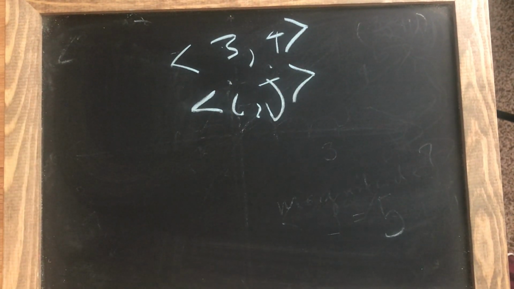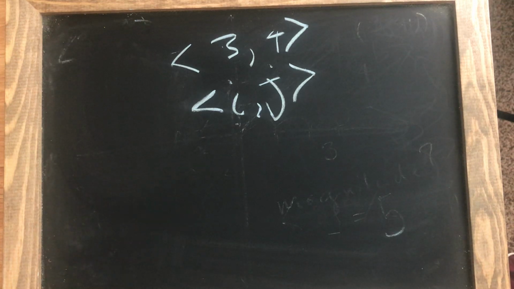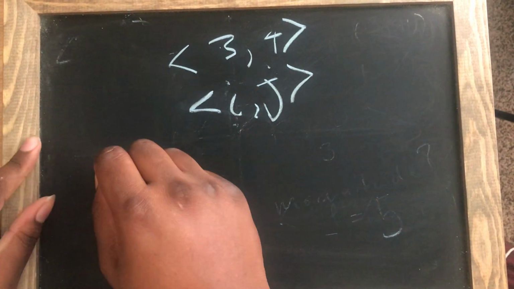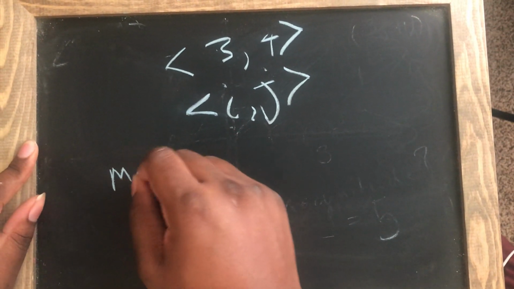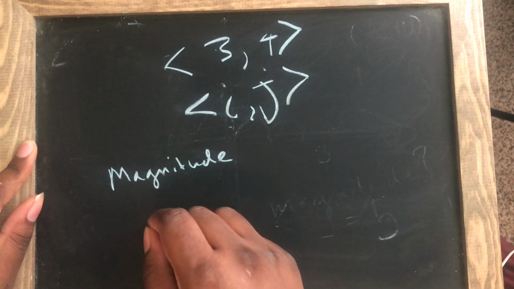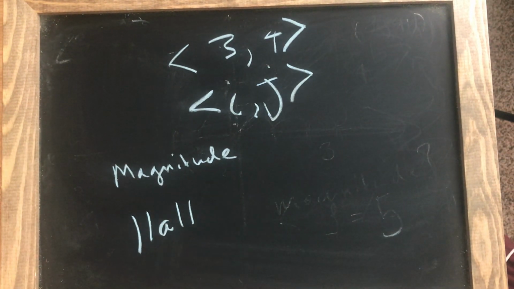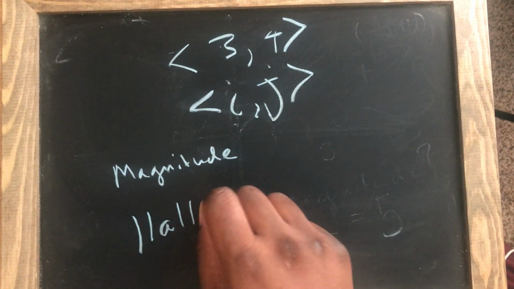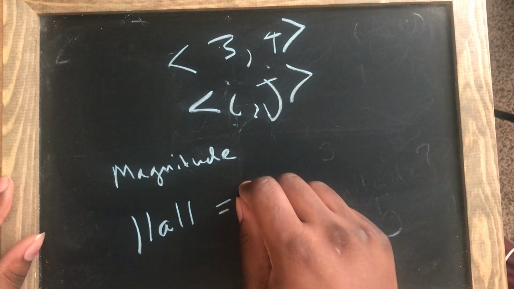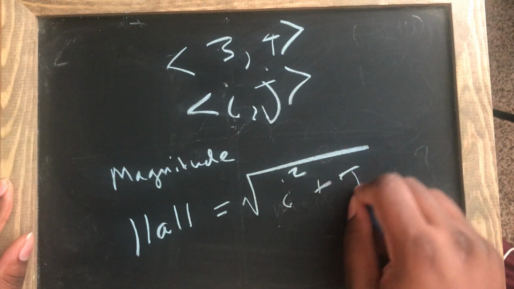Once again, i is just telling me the x value of my vector. j is telling me the y value of my vector. And so to figure out the magnitude, which by the way is denoted like this, it's just going to be the square root of i squared plus j squared.